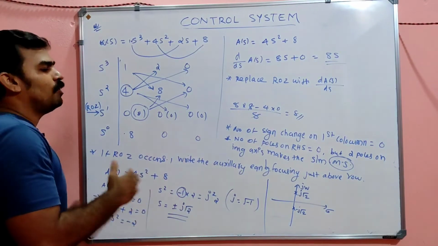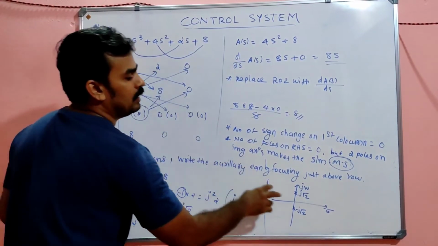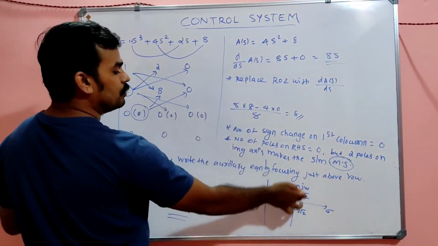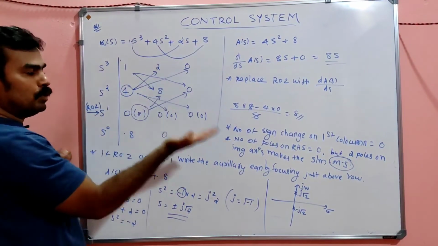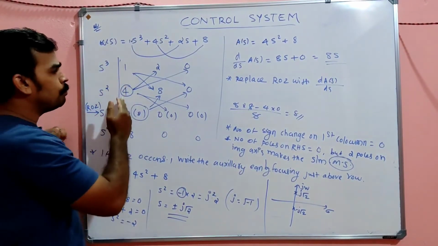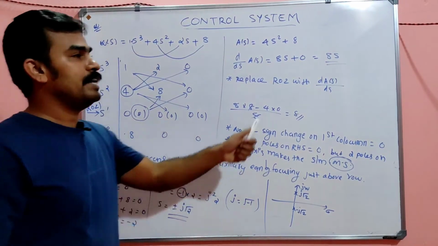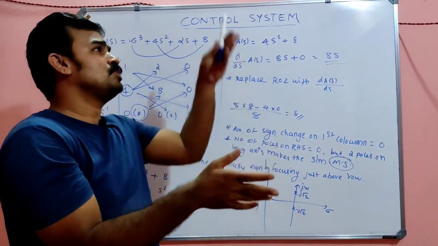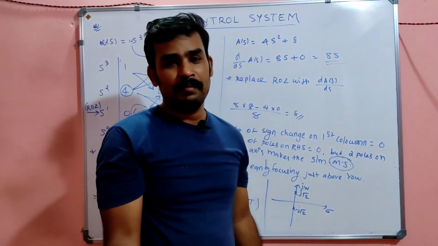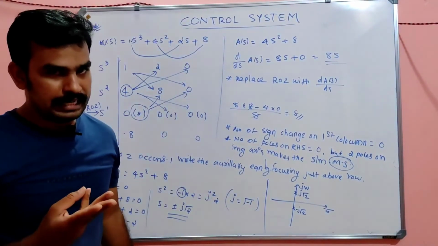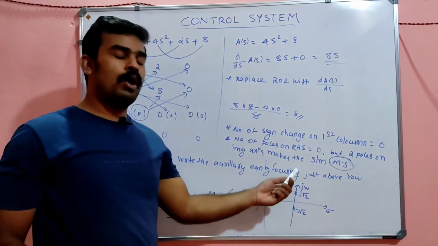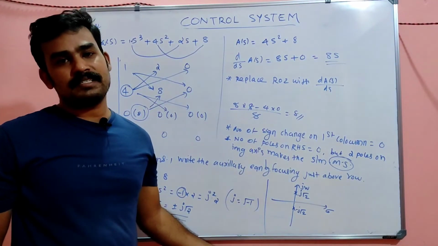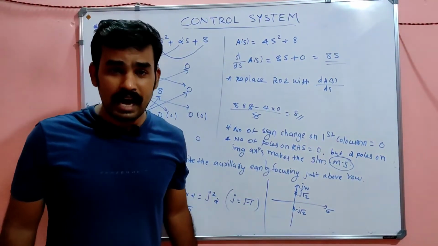1 pole of course on LHS, my dear, because it contains a total of 3 poles. So 2 poles are already on the imaginary axis, and there are no poles on the RHS.